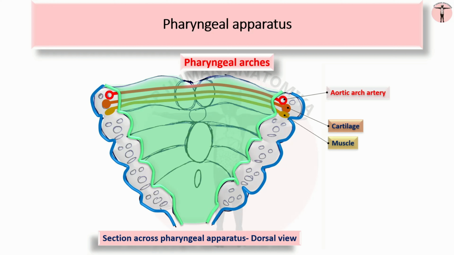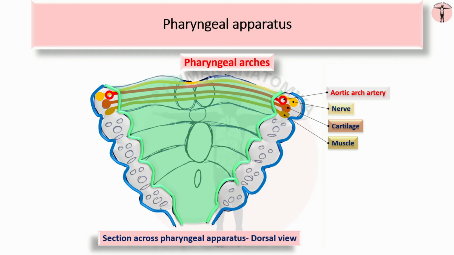The muscles of the arches do not always attach to the bone or cartilage of their own arch, but sometimes migrate into surrounding regions. The origin of these muscles can always be traced by their nerve supply, which is derived from the arch of origin. A nerve that supplies the mucosa and muscles derived from each arch. The arterial arch arteries will be discussed separately later in this session.